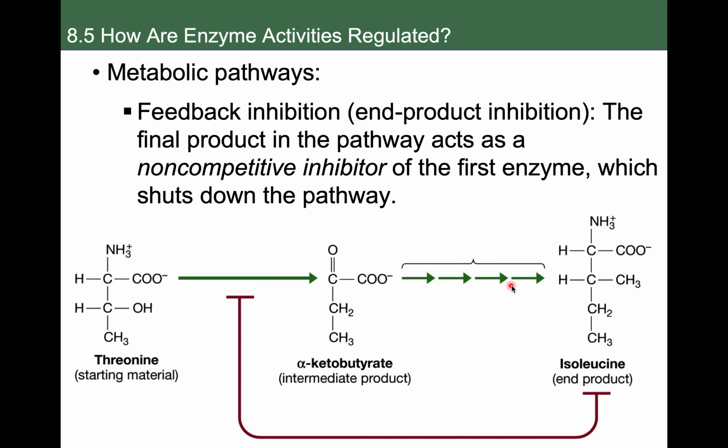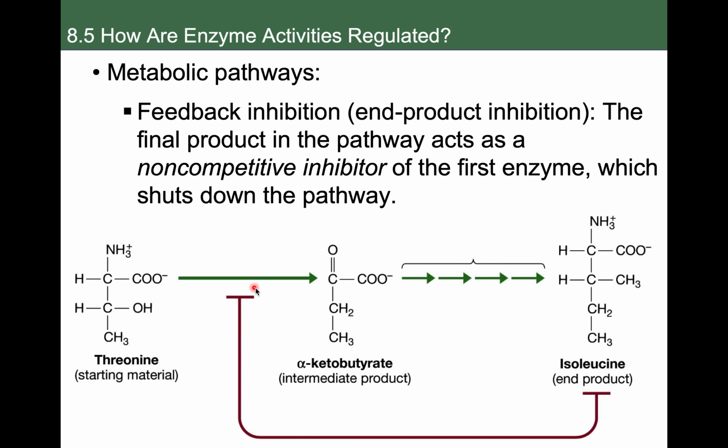And the feedback comes in here because the end product, isoleucine, is actually capable of acting as a non-competitive inhibitor of the first enzyme up here at the beginning of the pathway. This is kind of nice for the cell, because you can imagine what's going to happen. Let's say the cell has tons of threonine present, and all these different enzymes are available in the cell.